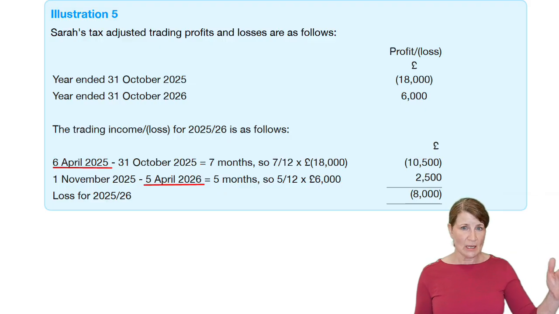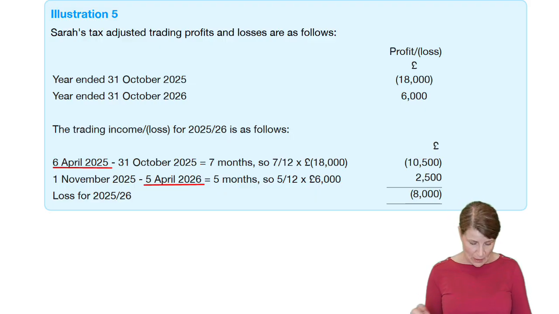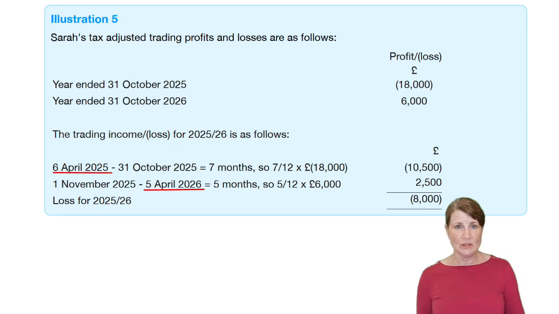But we've not finished yet, because obviously we now need from the 1st of November 2025 to the end of the tax year. And that lies completely within our second set of accounts, which started on the 1st of November 2025 and ends on the 31st of October 2026, which is 12 months.